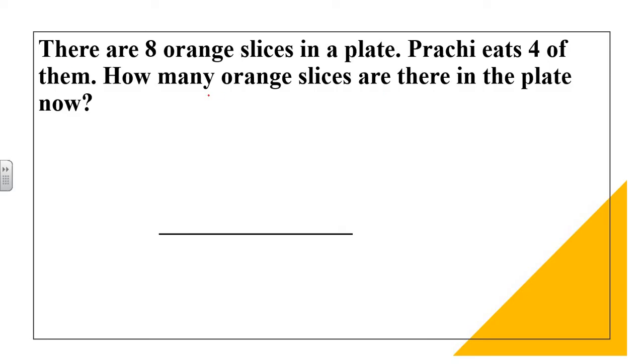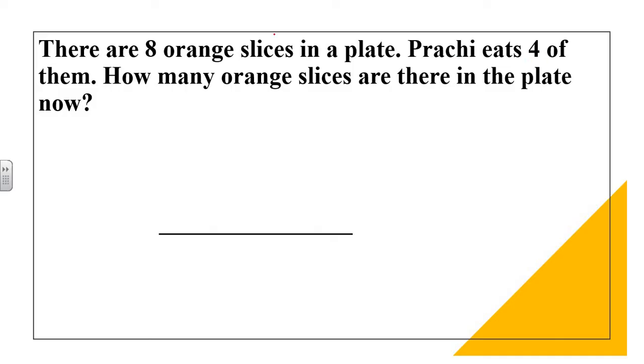As I told you before, sometime it may happen you will not have any keyword. As you can see in this sum, you don't have any keyword like left, subtract, minus, difference, take away. So for that, you have to read the question 2 times. So again we'll read the question. There are 8 orange slices in a plate.